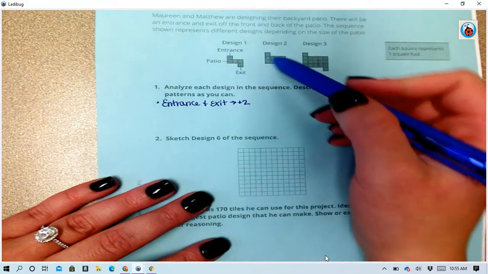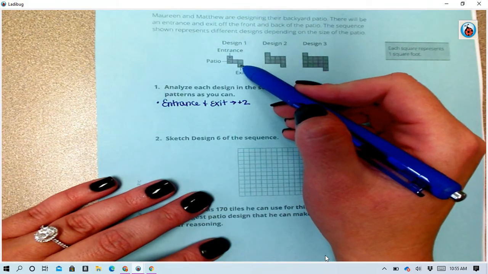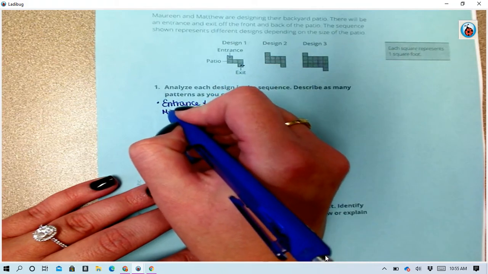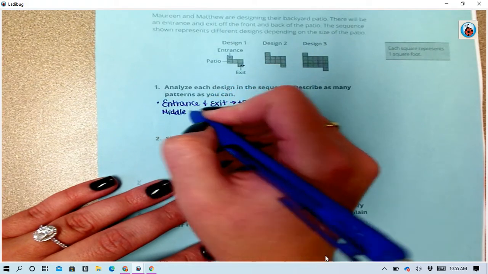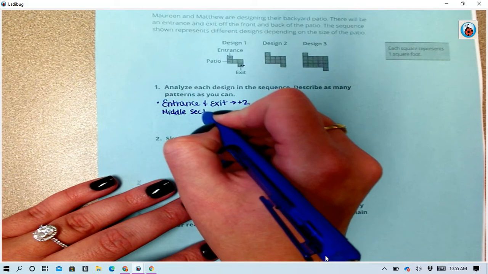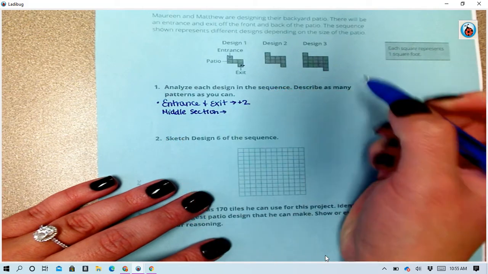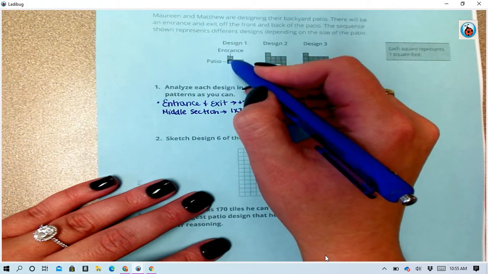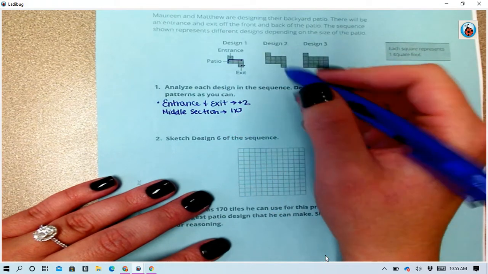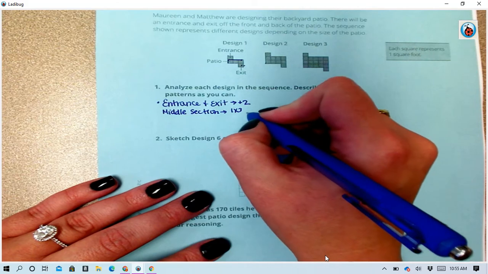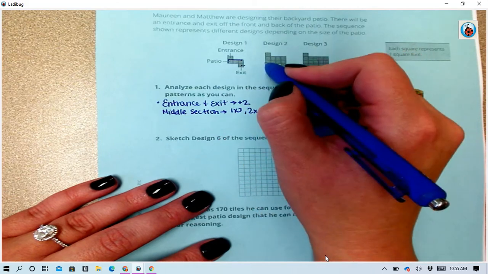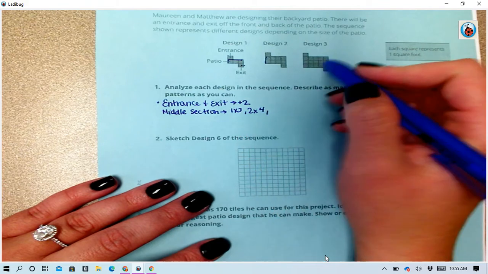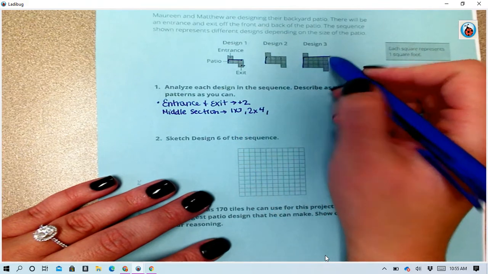And then if I looked only at the middle section, the actual patio, I said in this one, it's a 1 by 3 because it's 1 block tall and 3 blocks long. And then in this second design, it was 2 tall and 1, 2, 3, 4 long, so 2 by 4. And then this was a 3 by 5.